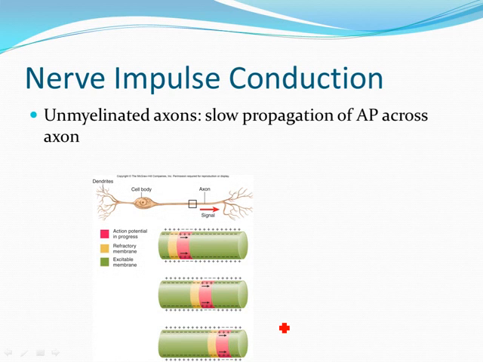So we talked about unmyelinated axons, right? It's slow because you saw that entire process occur, right? And it's always one step leading to another step, leading to another step. So it's actually very slow because it has to open up those voltage-gated channels right next to it and so on and so forth to propagate across the entire axon.